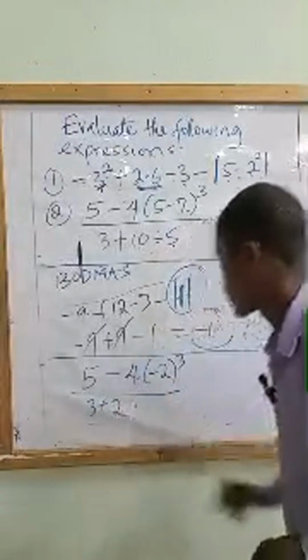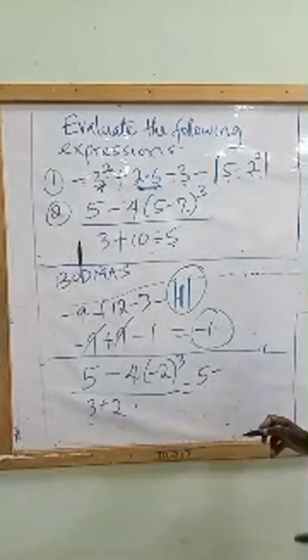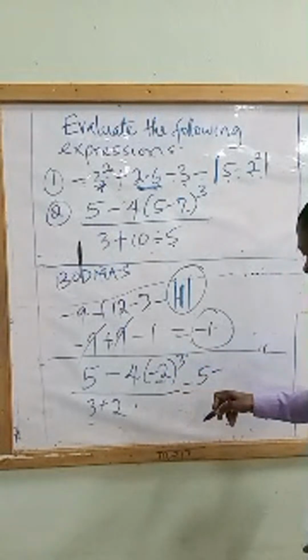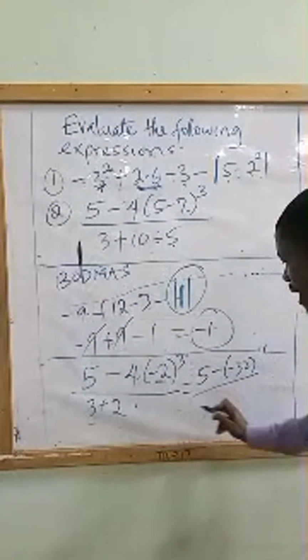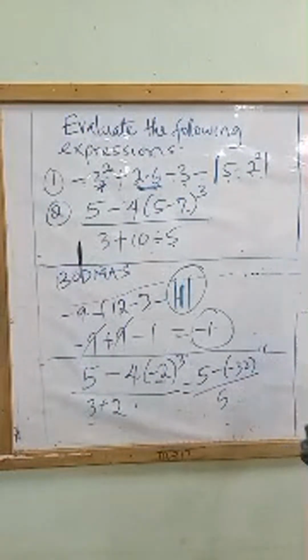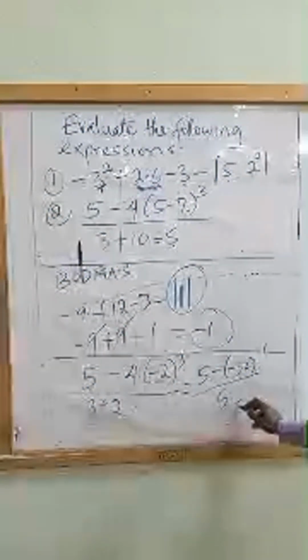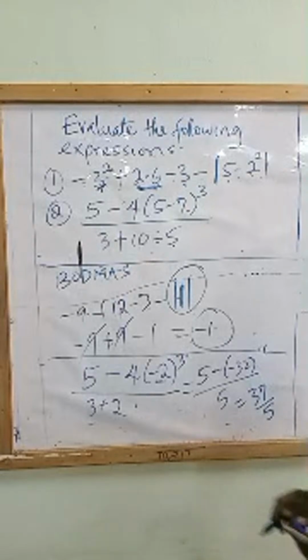That's that 2. So we're going to have now 5 minus 2 cubed. That's minus 8. Okay, that's minus 32 over 5. Minus 32 over 5. So in that case now, minus minus is plus. We're having 37 over 5.